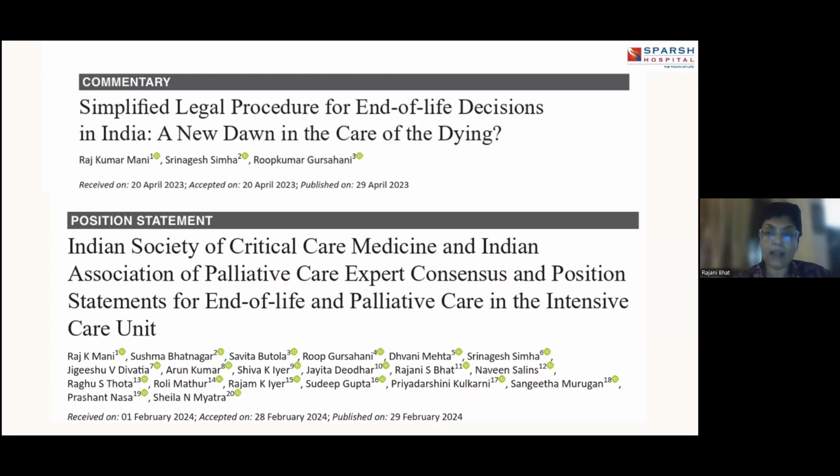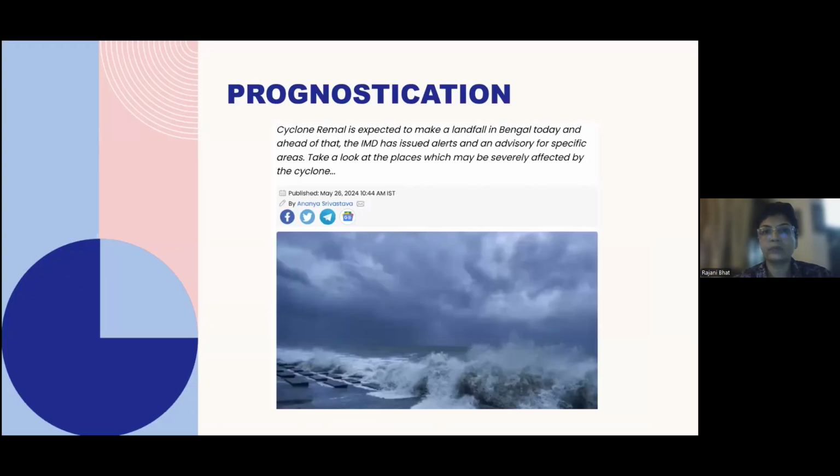So now we have a much more robust system and documentation and guidelines, which helps us to provide medically ethical, humane and legal end-of-life care, whether the patient is at home, in the hospital, or in the ICU. And we'll discuss a little bit further about it in the course of today's talk.